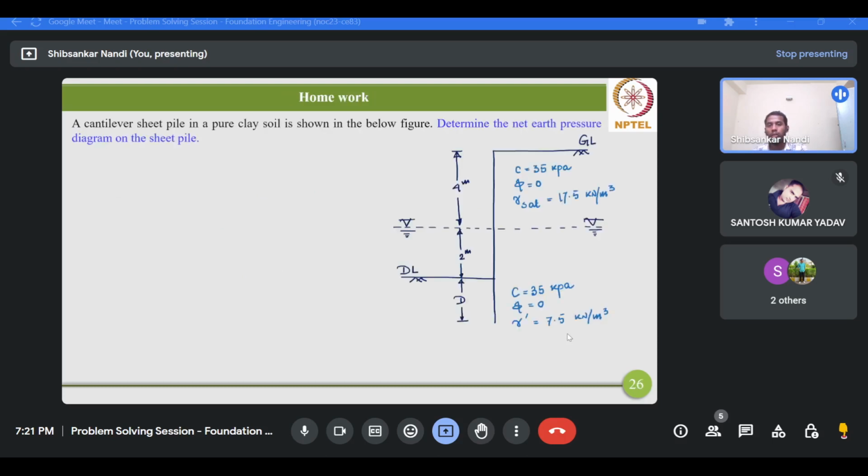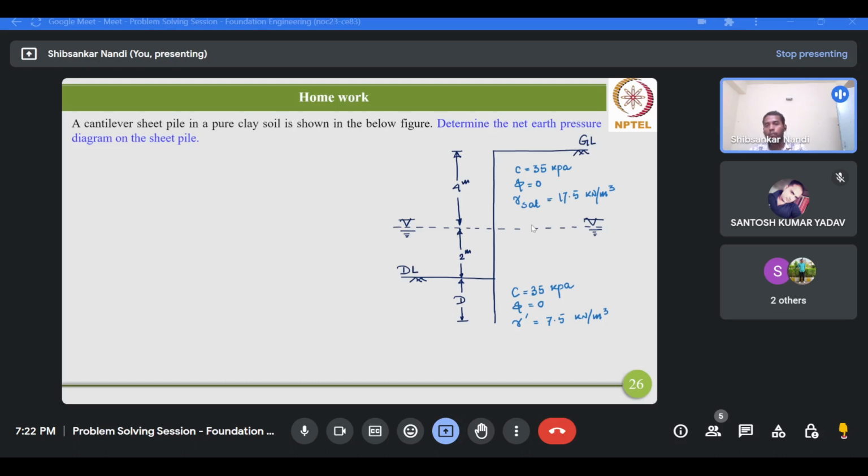And the next homework which I selected earlier is regarding the net earth pressure diagram for this given sheet pile, but in cohesive soil. Earlier we learned what the qualitative distribution of the net pressure should be for a cantilever sheet pile in purely cohesionless soil.